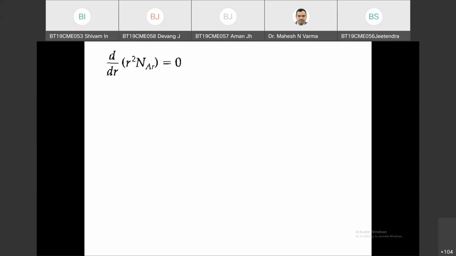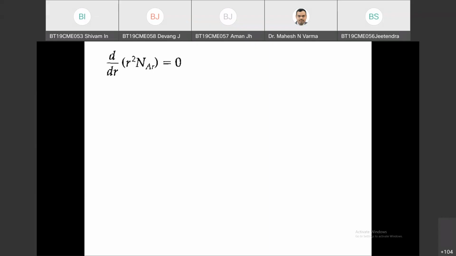Very easy. Intentionally, I have compared this with heat transfer so that you get a feeling that, otherwise, you would say shell balance in heat transfer is totally different from shell balance in mass transfer. Whenever we were discussing shell balance for momentum transfer, heat transfer and mass transfer, altogether, we have not covered only a couple of classes on shell balance in mass transfer.